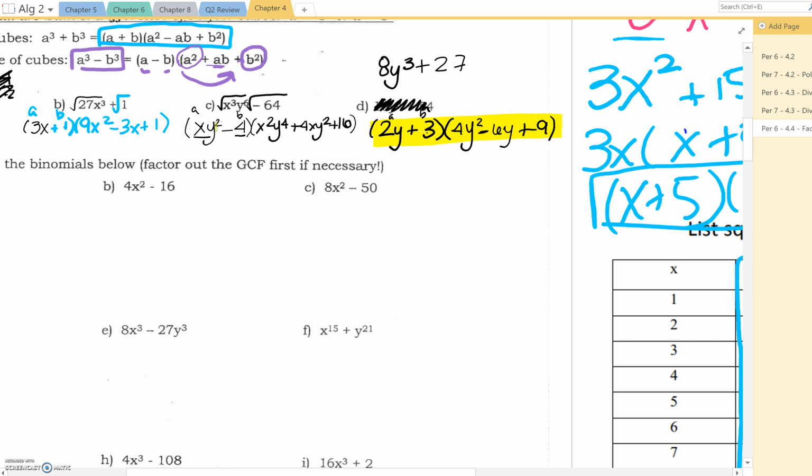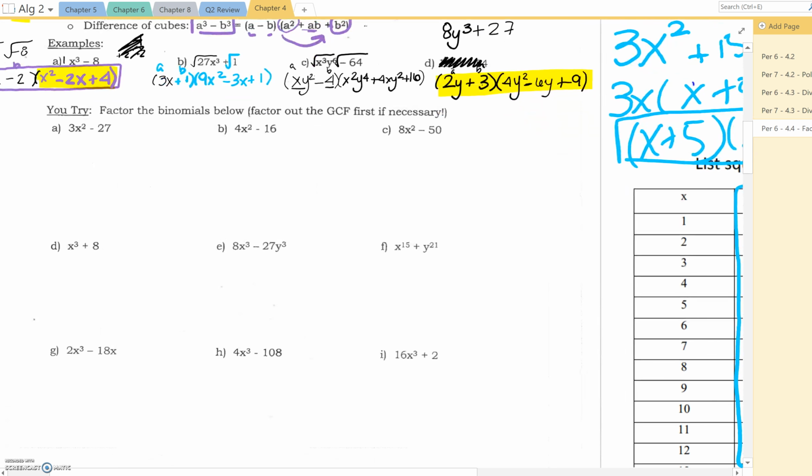Okay. Work on the rest of these down here, and then you're going to check your answers on the Google Classroom. These are a mixture of perfect squares, perfect cubes, okay? Please make sure that before you do anything, you try to factor out the GCF. So for example, letter A, before you do anything, don't start to do anything with cubes, because even though 27 is a cube, 3 is not.